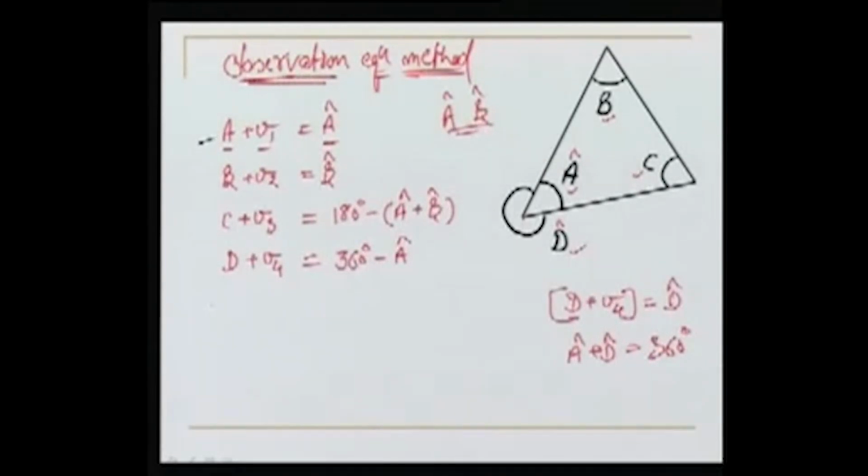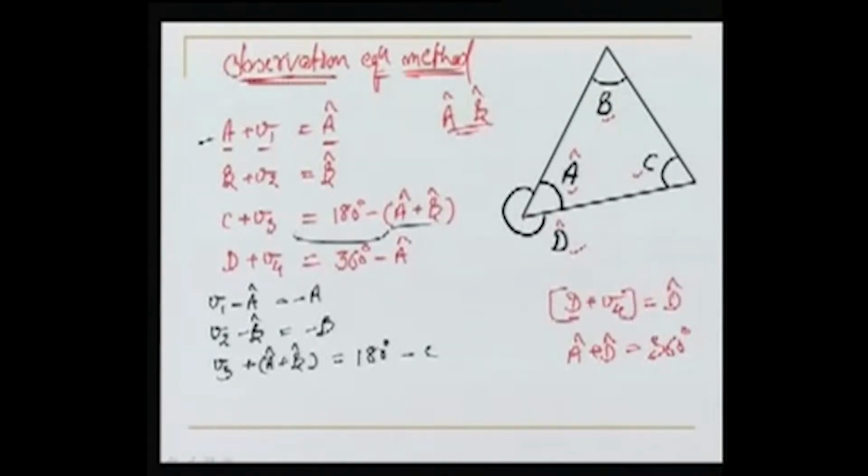So for number 1, V1 minus A hat is minus A. Similarly, V2 minus B hat is minus B, and V3 plus A hat plus B hat is 180 minus C, because I have taken the parameter terms to the left.